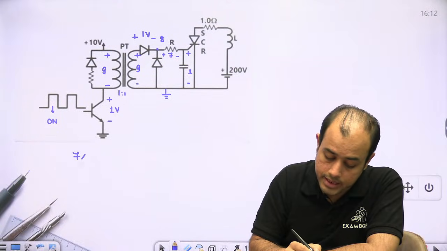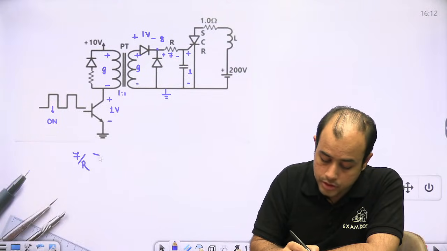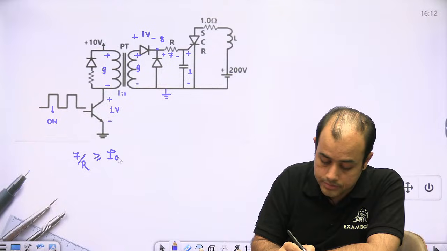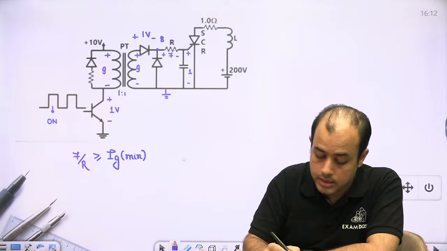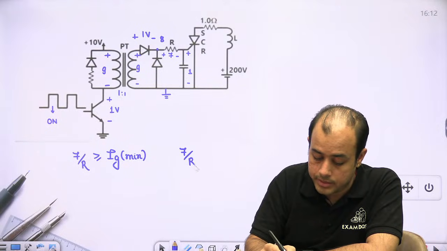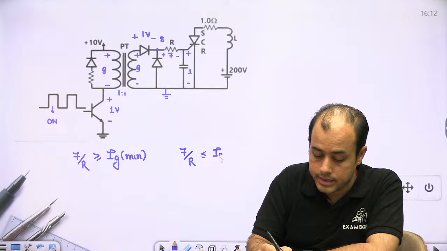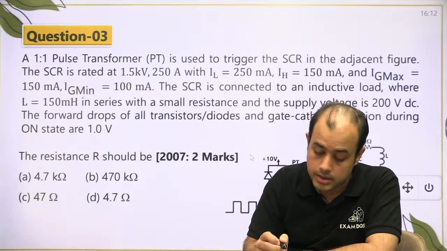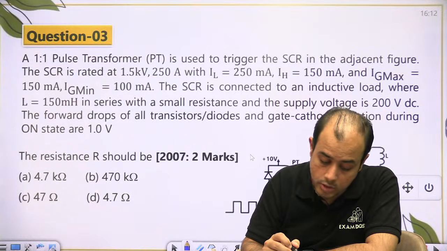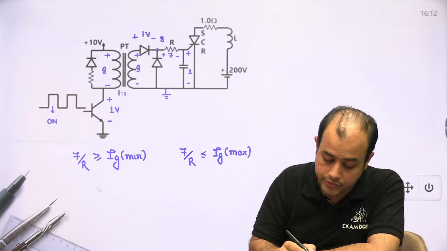Now 7 by R should be greater than or equal to the minimum gate current, and 7 by R should be less than or equal to the maximum gate current. Now the minimum gate current is how much? 100. Maximum is 150.